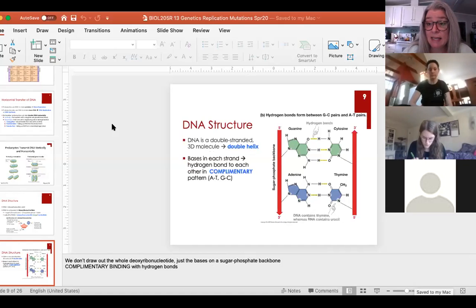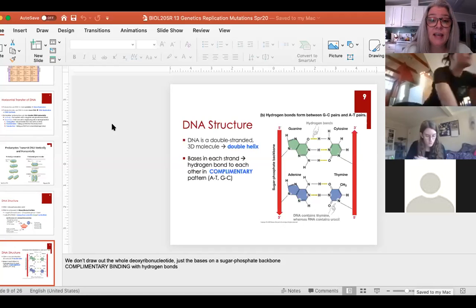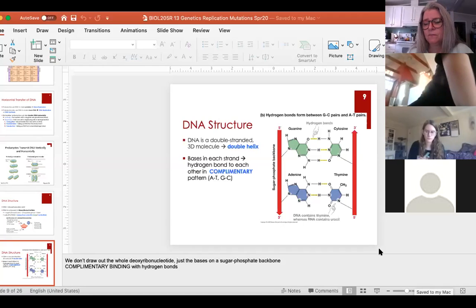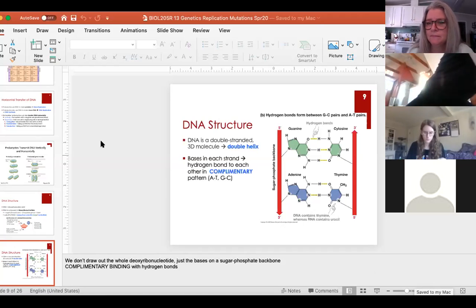And remember, we said, while each strand of DNA is built with covalent bonds in between the nucleotides, what's holding the two strands together is hydrogen bonding. What holds the A's and the T's together is hydrogen bonding. What holds the G's and the C's is hydrogen bonding.